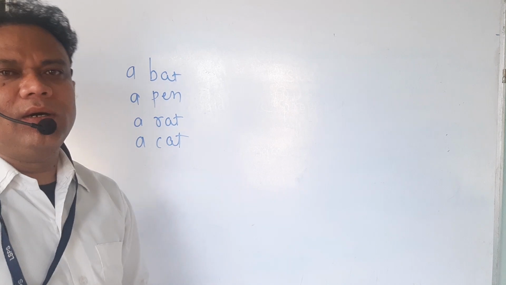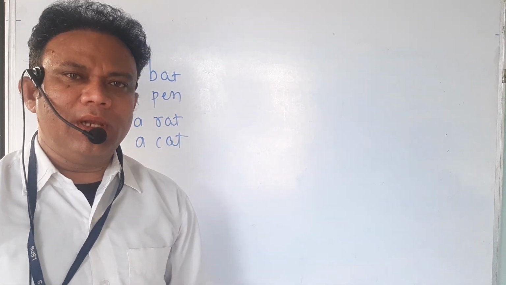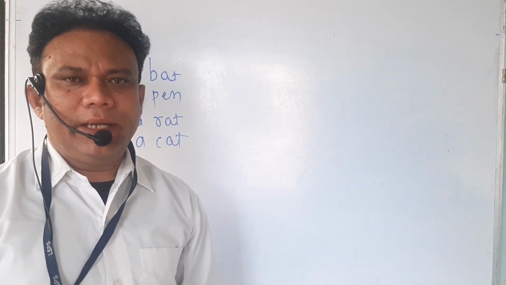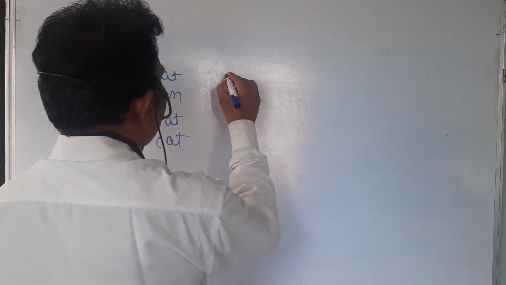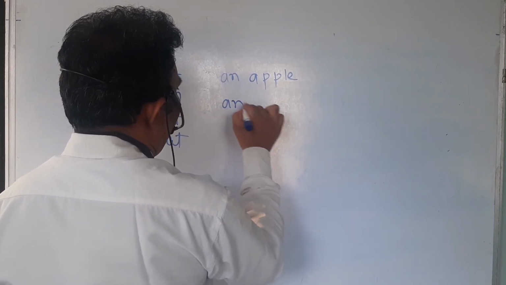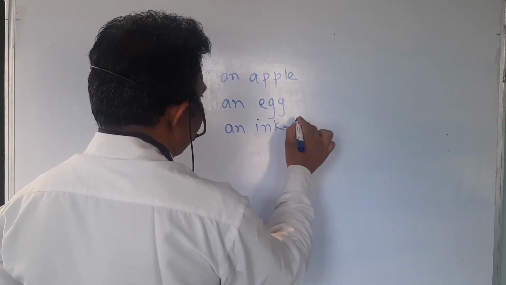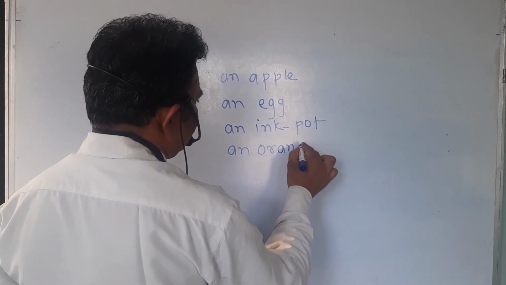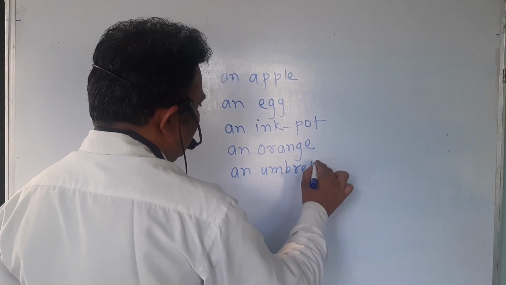Now let us see the rule of article an. A singular, countable, common noun which begins with a vowel letter takes the article an before it. For example, an apple, an egg, an inkpot, an orange, an umbrella.